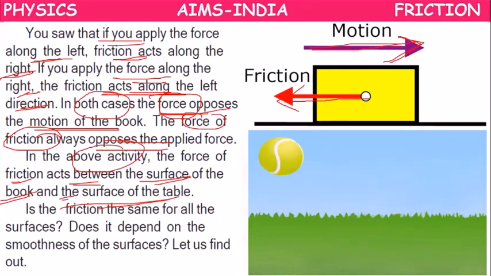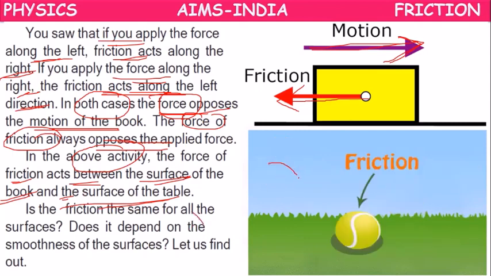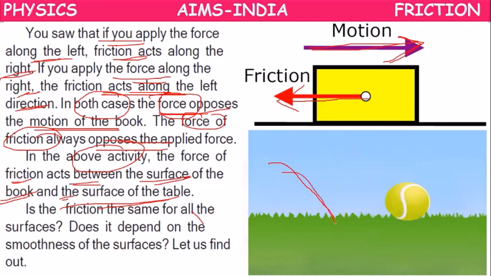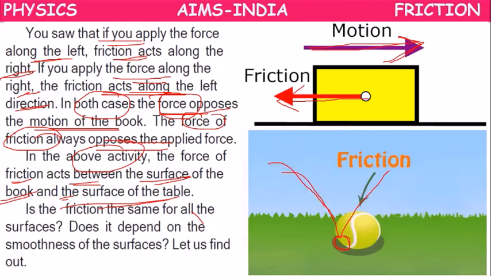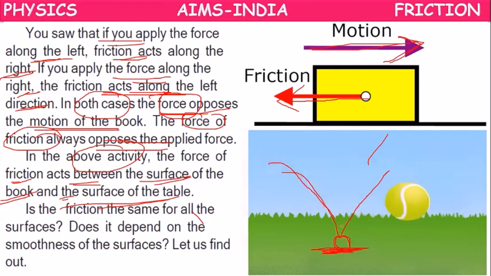Suppose this ball, if you observe, it is hitting the ground and flying back into the air. At the moment when it touches the ground, between the surface of the ball and the surface of the grass, friction starts working. Before that, when it is in the air, there will be no friction between the ball and the grass.